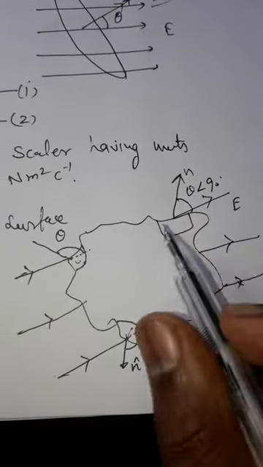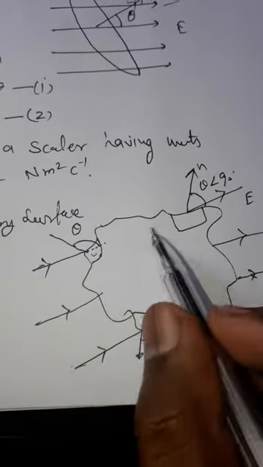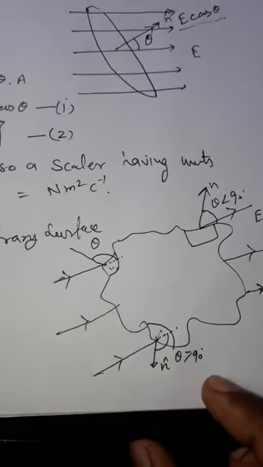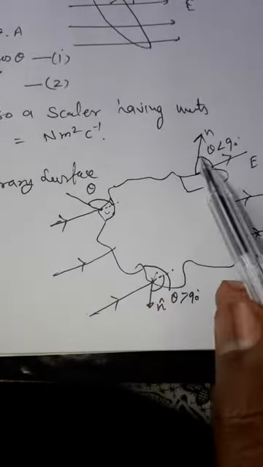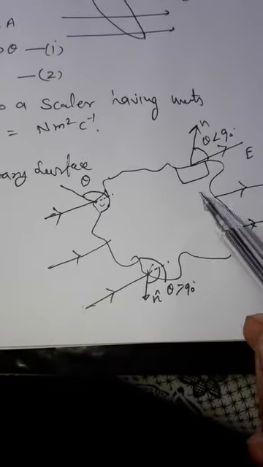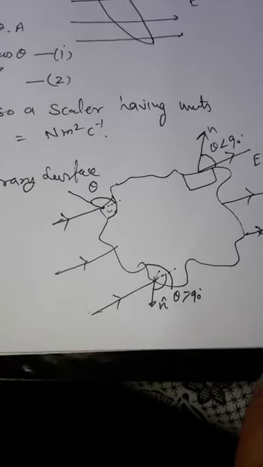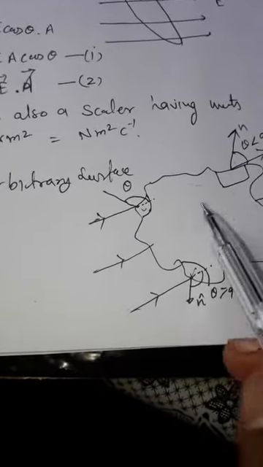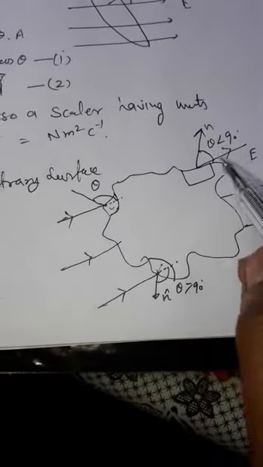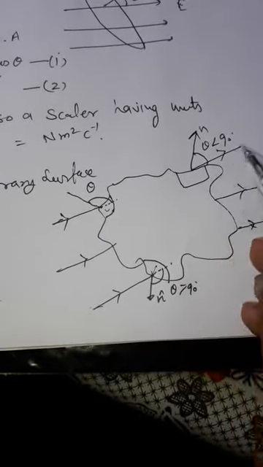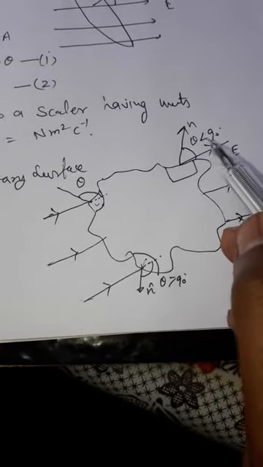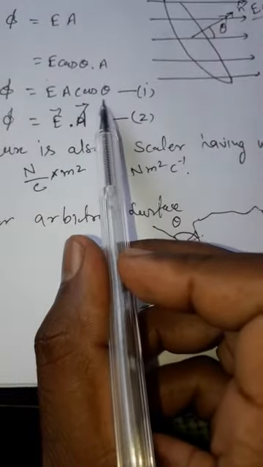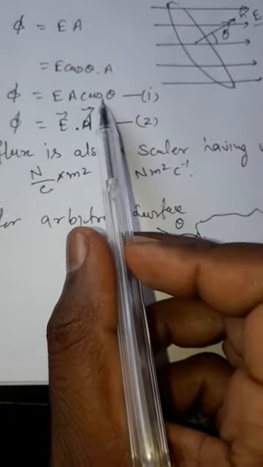Similarly, we consider that this surface consists of small surface elements, and knowing the values of theta we can calculate the flux, and then we can add all these surface elements. The summation of all the flux gives the total flux passing through the surface. At the outward section the angle is always less than 90, so the flux becomes positive, because if theta is less than 90, then cos theta must be positive.